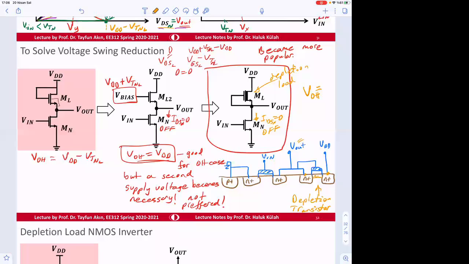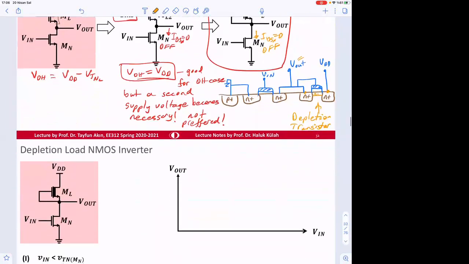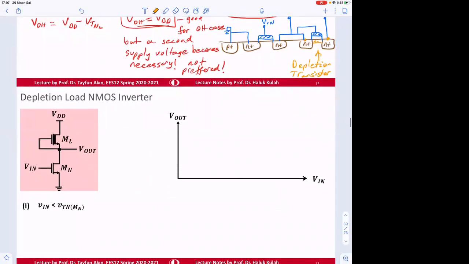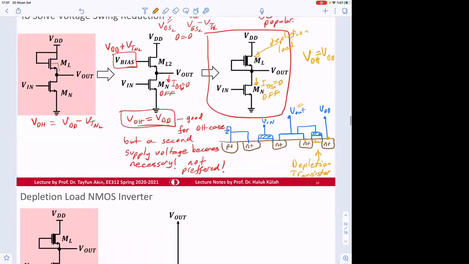Does it make sense? So I guess we should continue on this here. We can find that value as VDD from equations also.